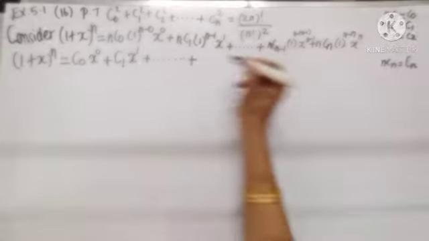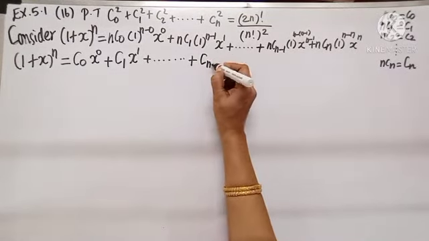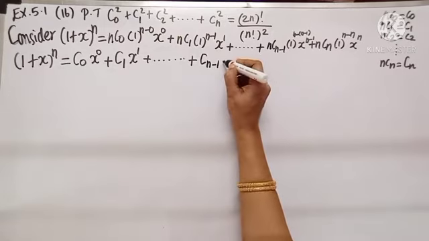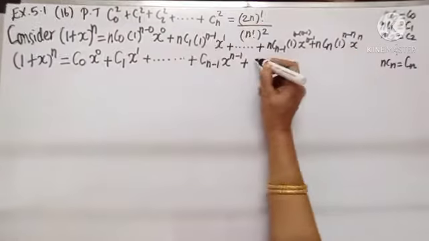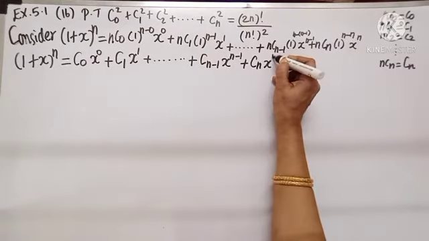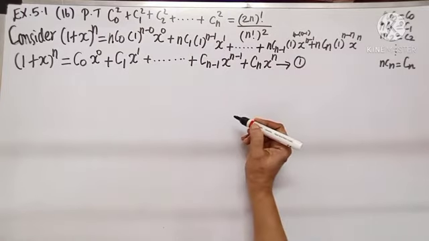The last two terms: nC(n minus 1) is C(n minus 1), x power n minus 1, plus Cn x power n. Call this number 1.